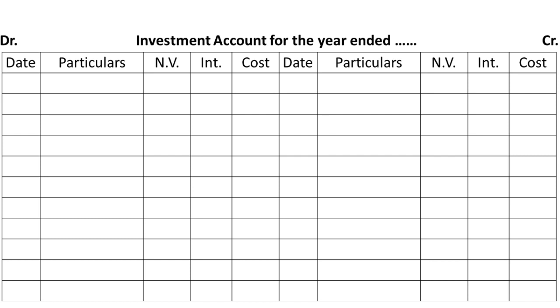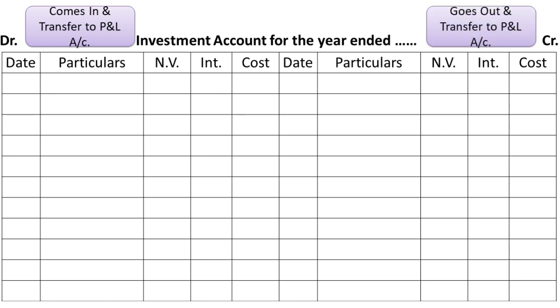Whenever investment comes in or any profit is to be transferred to profit and loss account, it should be recorded on the debit side, and whenever investment is going out or any loss is to be transferred to profit and loss account, it should be credited to investment account.